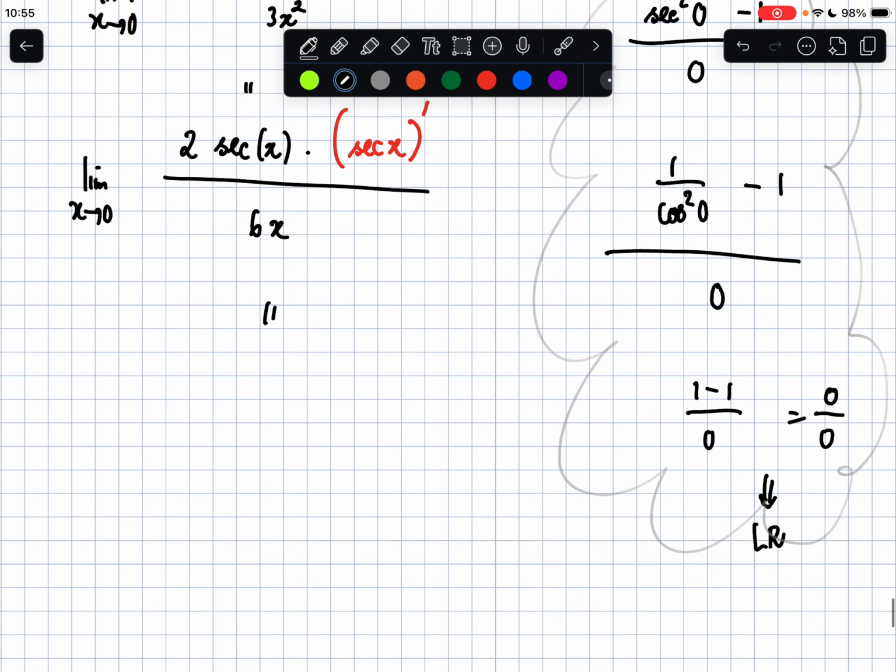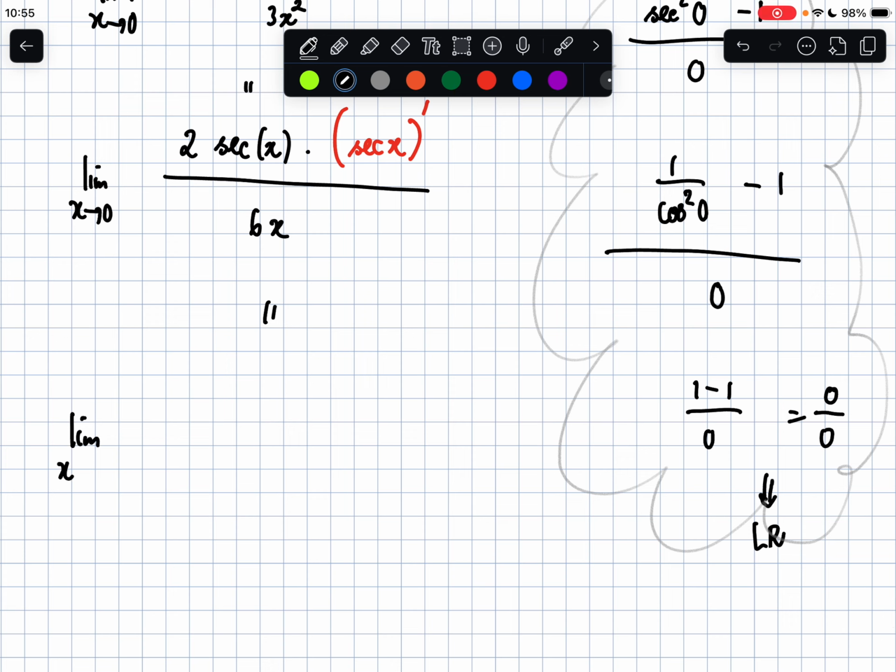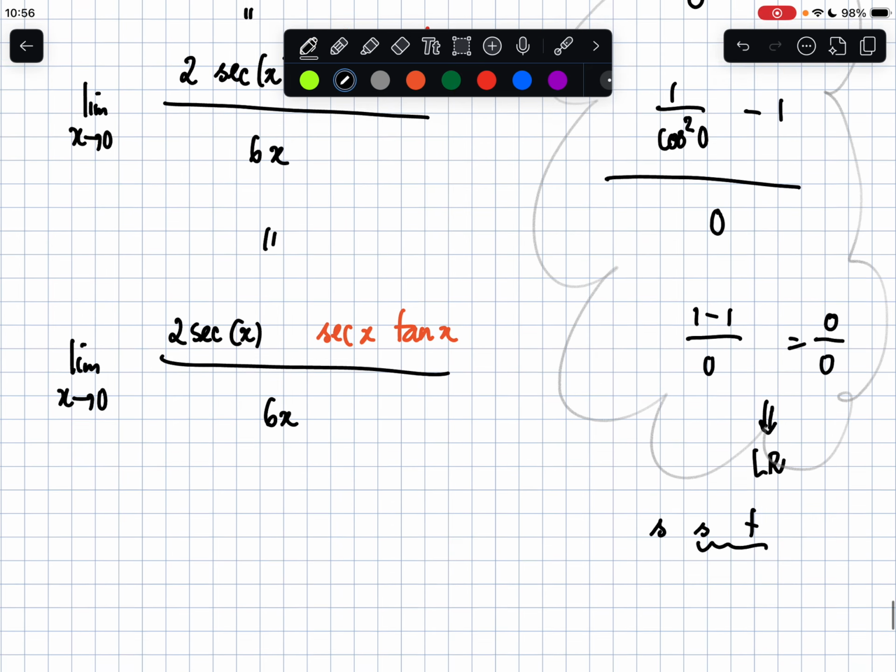So let's write down the limit as x goes to 0 of 2 secant of x, times the derivative of secant, which is secant x times tangent x, divided by 6 times x.